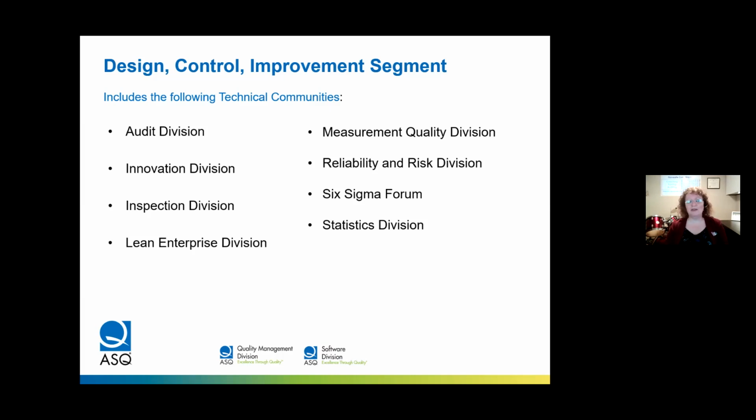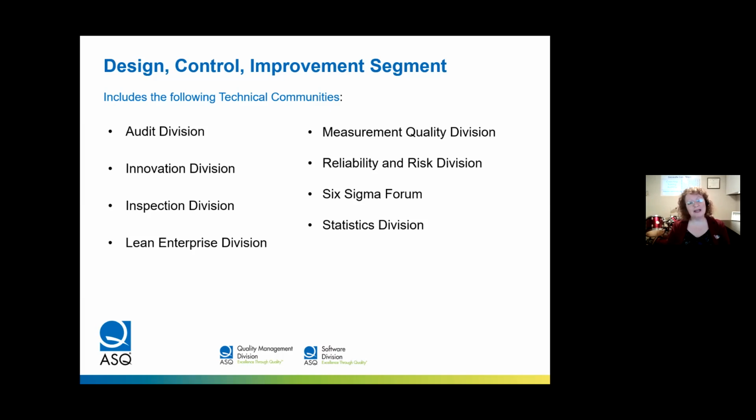All right. The audit division in particular, we'll go through each one, really focuses on using those quality principles and looking back to the management systems and the business management system. And the audit division's role is to advance the career of auditing, the principles of auditing. And that now even includes, more so than ever, remote auditing practices.